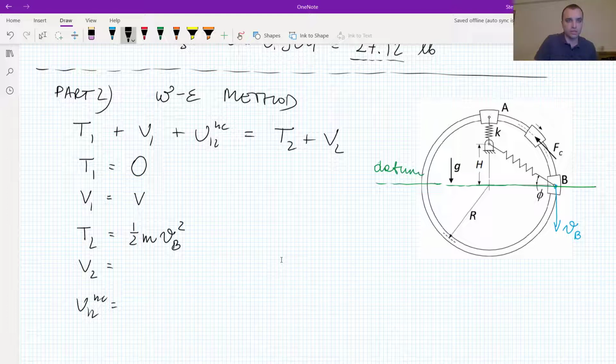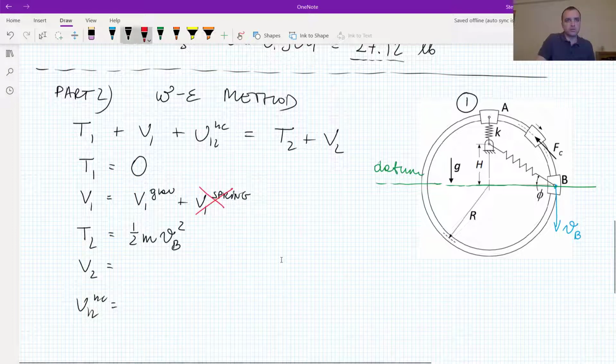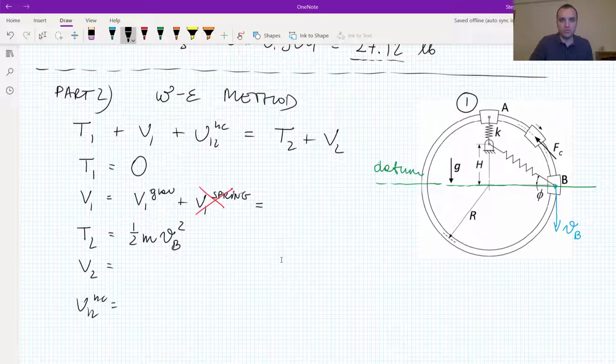So we can write V1 gravity plus V1 spring. However, our spring at configuration A, or configuration 1, is at its rest length, so we can eliminate this part, and our potential energy due to gravity will be mgr, because this is our elevation.